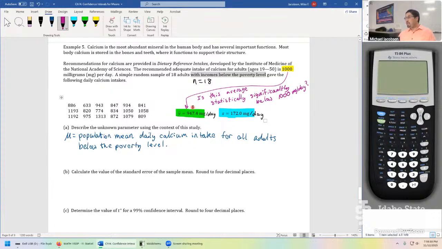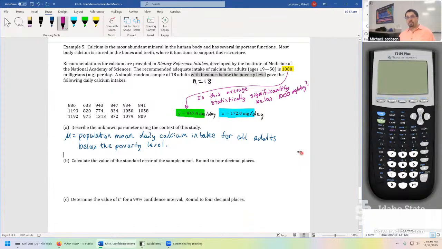That could be a typical value, even if the true value of this mu is right around or above 1,000. So that's what the rest of the problem is about, to see if we have evidence that this population really is statistically significantly below 1,000 milligrams.